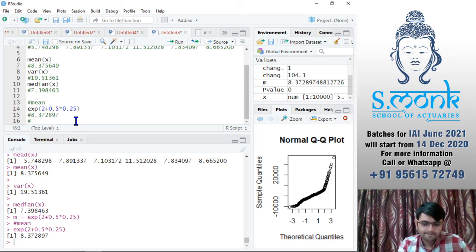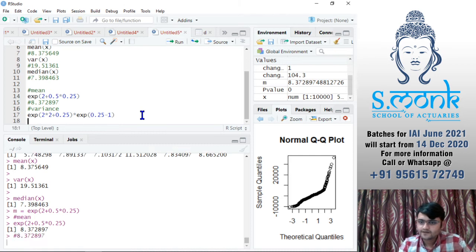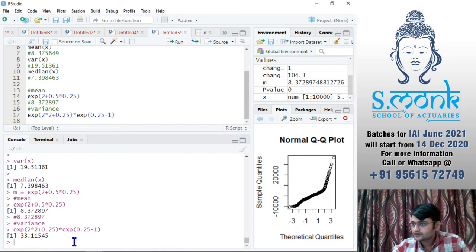Variance, formula for variance, and we get the variance here.